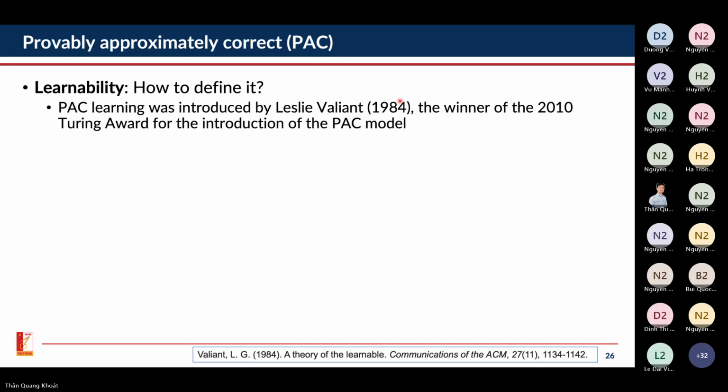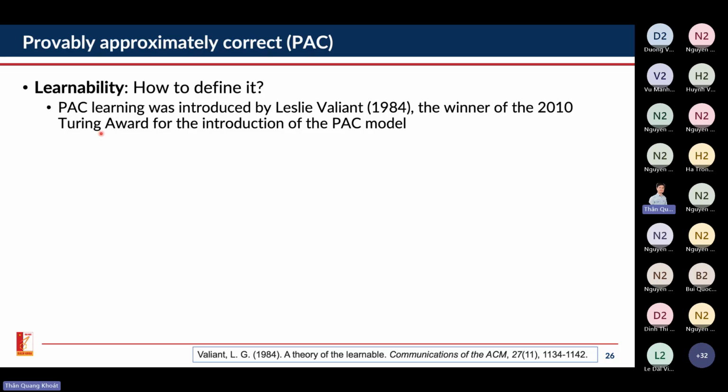And until 1984, there was a well-known researcher, Leslie Valiant. He is very great in computer science, and he developed a theory. And now we say that it is the PAC model. From this model, he was awarded the Turing Award in 2010, more than 15 years ago, right?